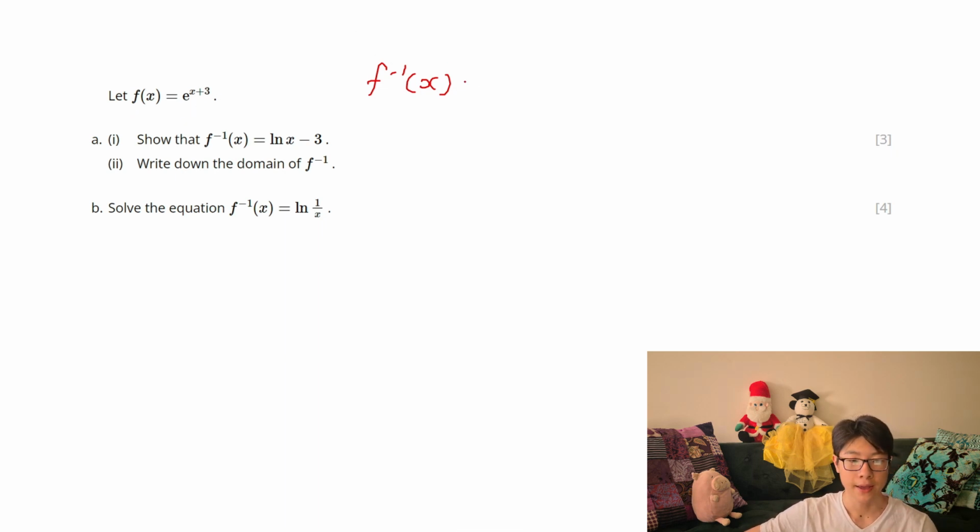Because as we know, an inverse function basically means we're flipping all the x values for the y values and all the y values for the x values. So if we substitute f of x into f of y, that is actually the same thing as the inverse of our x function.